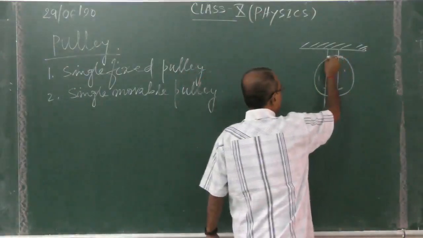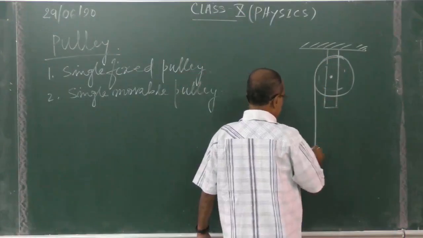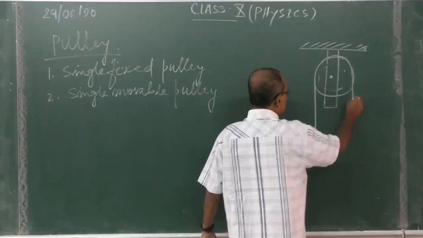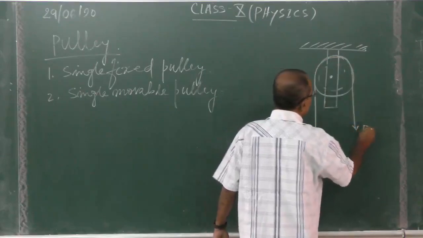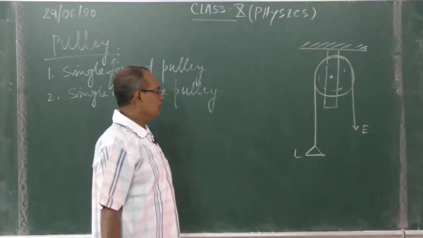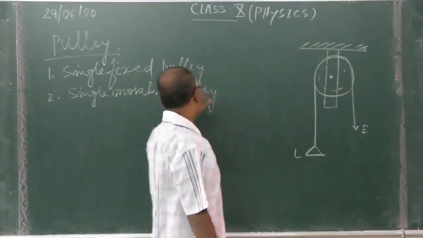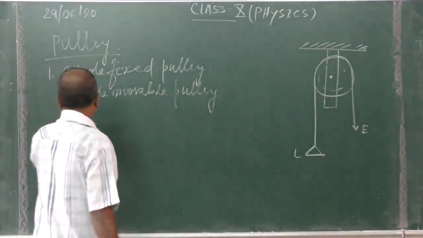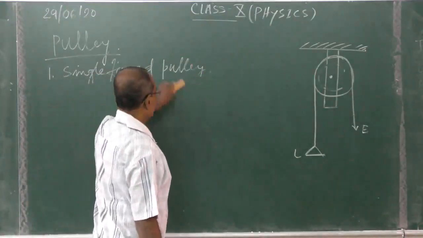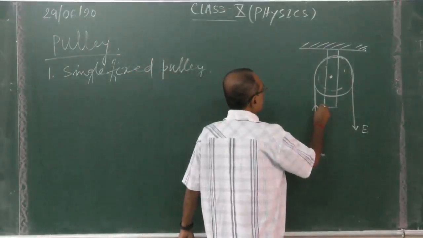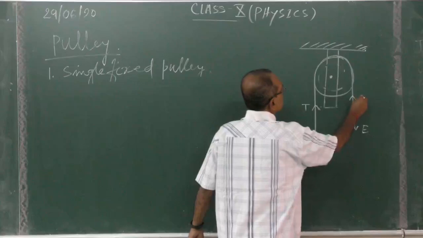The load will be hung through it. This is the load, and effort is working downward. So in this case, first I am telling about the single fixed pulley. Now tension will work upward in both cases.